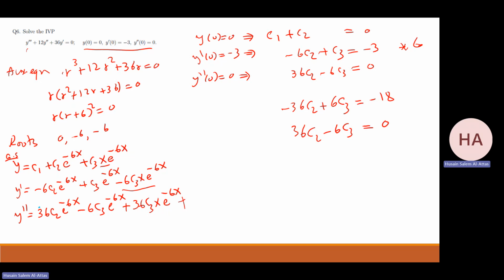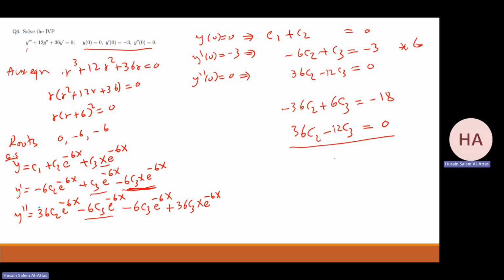I missed it. Actually, I have a product of two functions here. So that will be this one, minus 6 C3 e to the minus 6x. For this one, I have minus 6 C3 e to the minus 6x, and then plus 36 C3 x e to the minus 6x. Okay, so I don't have minus 6 here. I have minus 12.